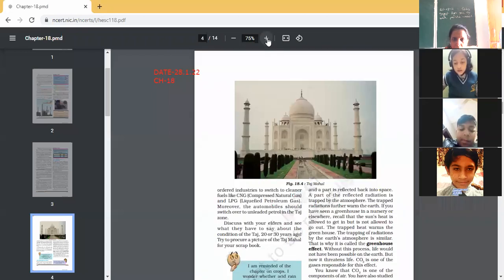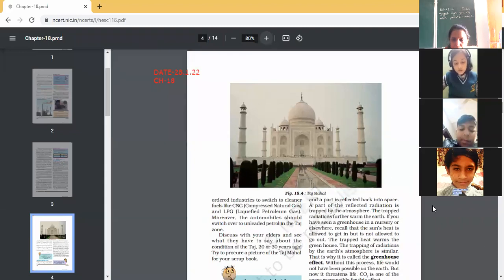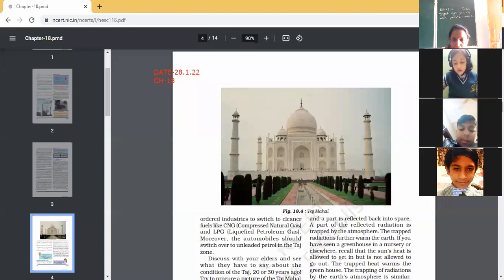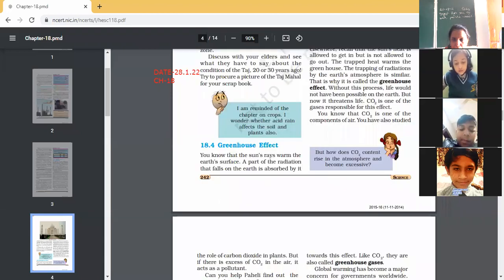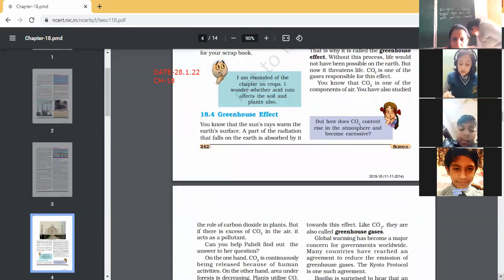On the other hand, area under forest is decreasing. Plants utilize CO2 from the atmosphere for photosynthesis, thereby decreasing the amount of CO2 in the air. Deforestation leads to an increase in the amount of CO2 in the air because the number of trees which consumes CO2 is reduced. Human activities thus contribute to the accumulation of CO2 in the atmosphere.